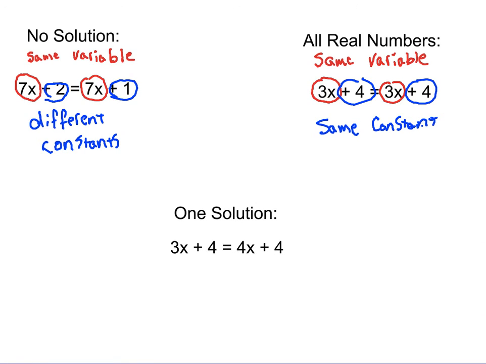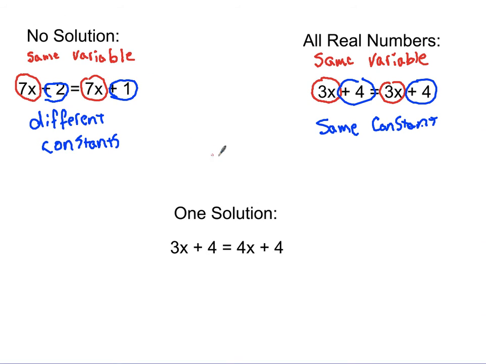Okay. Same constant. So if you have the same variable and you have the same constant, that's always going to be in all real numbers. It won't matter what else you do after that point, it's going to come out to be all real numbers.